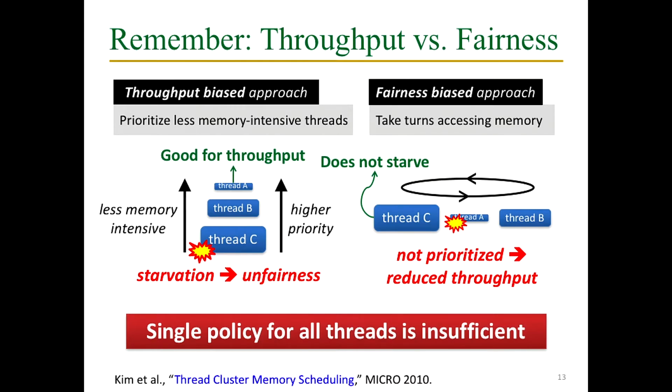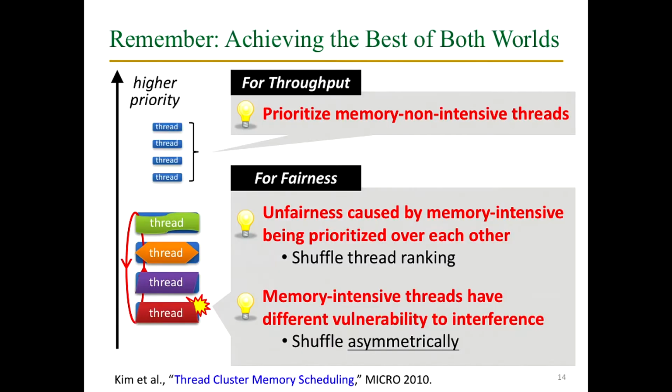So a throughput-based policy is good for throughput, but fairness-based policies are good for some other threads. So we decoupled the policy to be heterogeneous, right? To get throughput, we wanted to prioritize the memory non-intensive threads, because doing so doesn't affect fairness as much. But for fairness, you actually have a different policy to ensure that these big threads or the elephants don't kill each other, right?